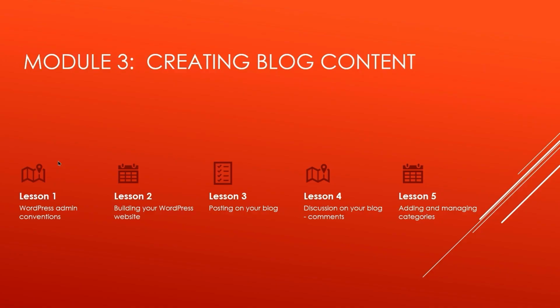So in Module 3, we focused on creating some blog content. We went over the WordPress admin conventions, which means that many of the screens are very similar in their look and functionality, like pages, posts, comments. We started building our site by creating our About Me page, and then we started creating blog pages, and we started posting on our blog.